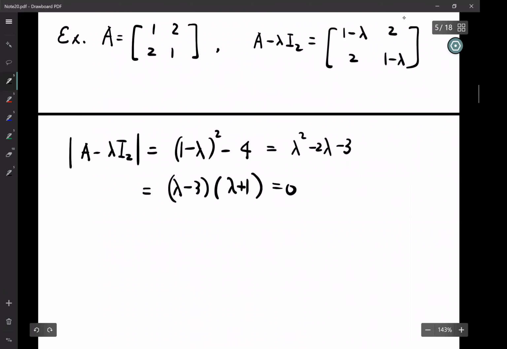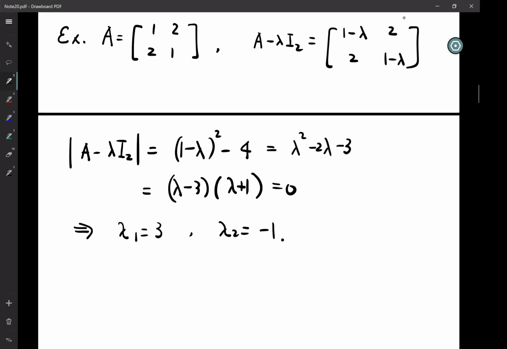This immediately tells me that the first root is lambda equal to 3. The second root is lambda equal to minus 1. And these are all its eigenvalues.